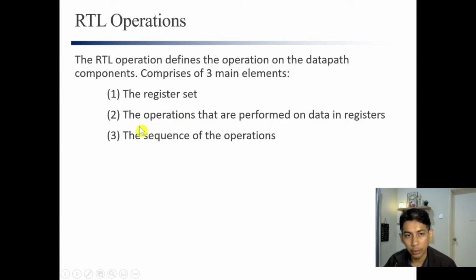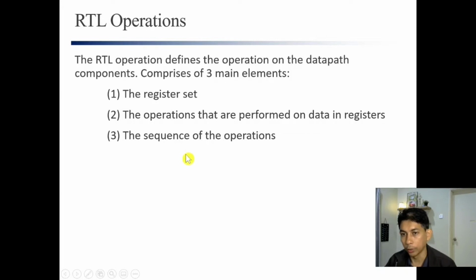Number two, we need the operations that are performed on the data in the registers. What operation will we perform on the data? We may want to shift the data, add the data, sub the data, or do anything on that data. That is the operation. And of course, the last one is the sequence of operations.